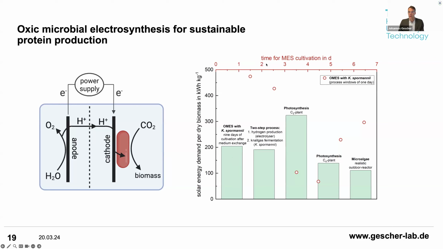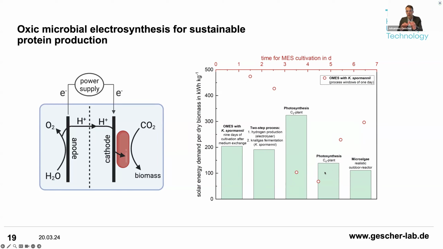Moreover, if we look at the efficiency, so the solar energy demand over the days of the experiment, this is the average. But if we go through the process over the days, you will see that there is a time window within the process where we can even operate better compared to microalgae or photosynthesis in C4 plants.